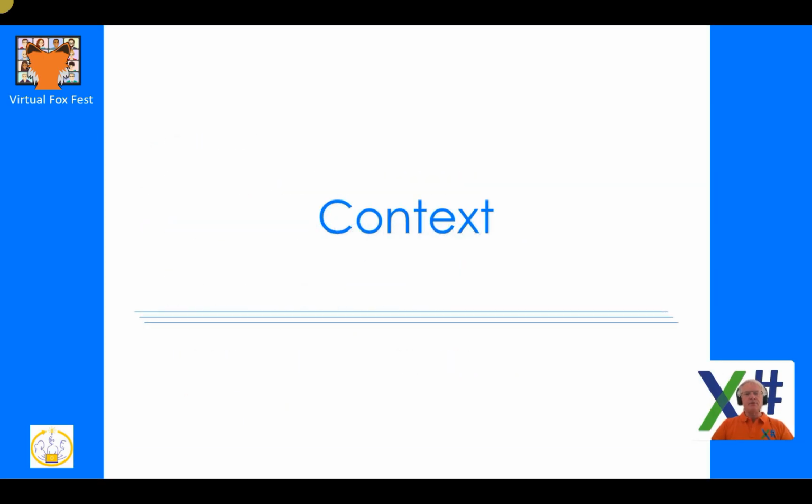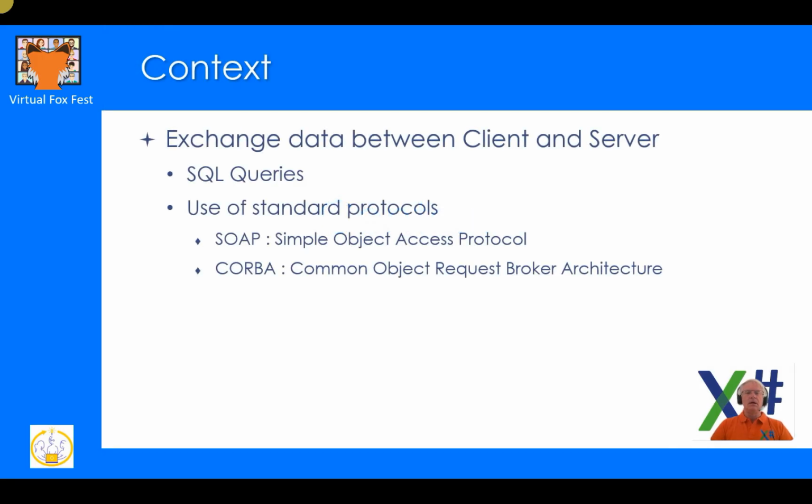First, a few words about the context, because REST is a technology that is used today, but it comes from something else. It comes from the need to exchange data between a client and a server application. You can use, and maybe you are using today, SQL for that, and in your application you have the SQL queries, and you are sending these queries to the server.